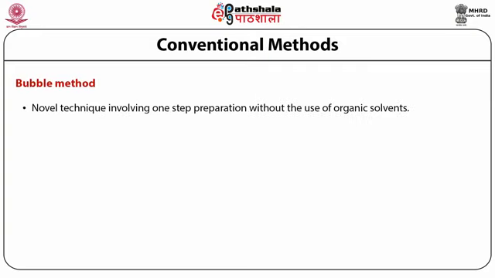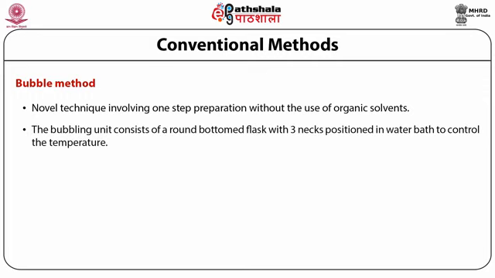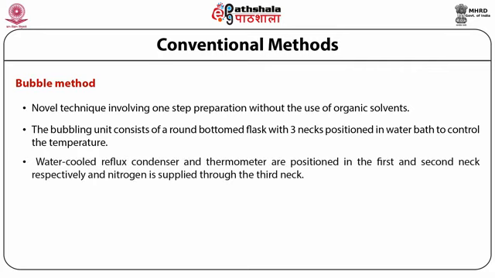Bubble method. It's a novel technique involving one-step preparation without the use of organic solvents like ether or chloroform. The bubbling unit consists of a round bottom flask with 3 necks positioned in a water bath to control the temperature. A water-cooled reflux condenser and a thermometer are positioned in the first and second neck respectively, while the third neck is supplied with nitrogen.